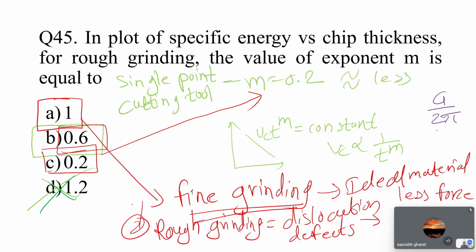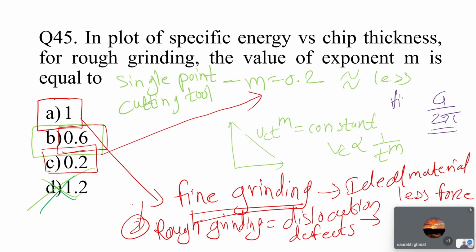So this is very high. As it is very high, we can't go with this. And this is actually happening in the case of the fine grinding process.